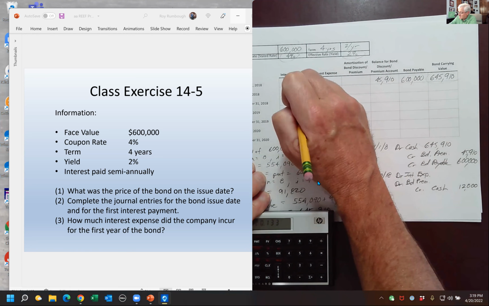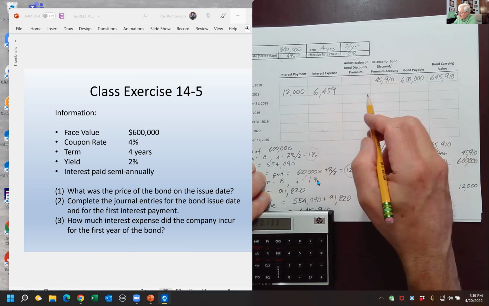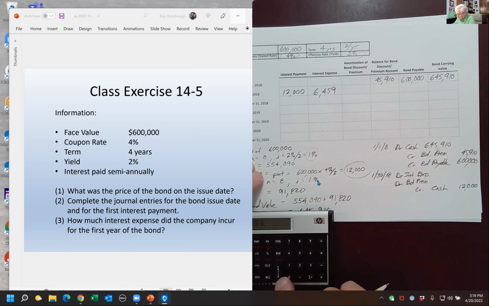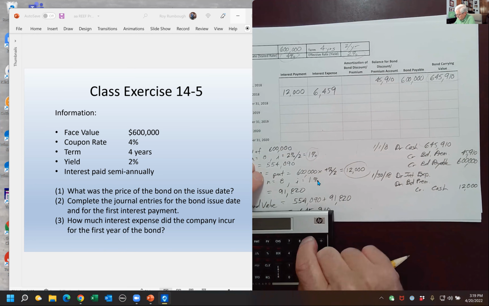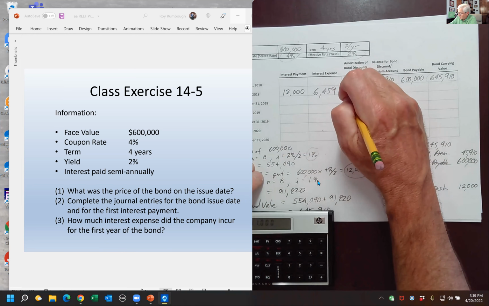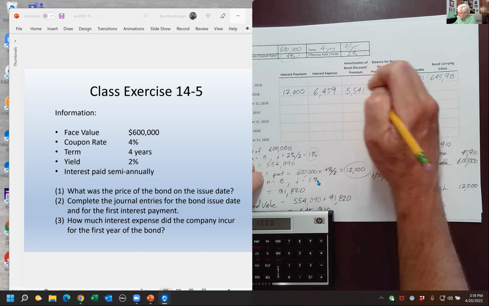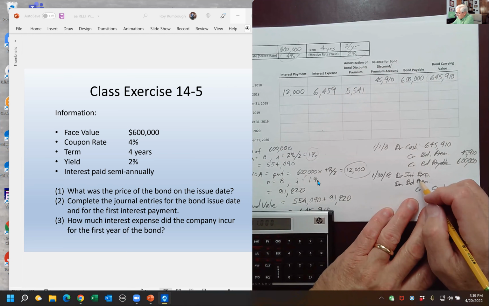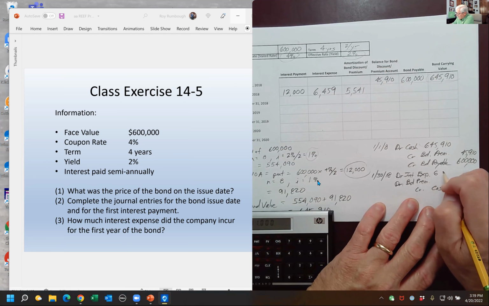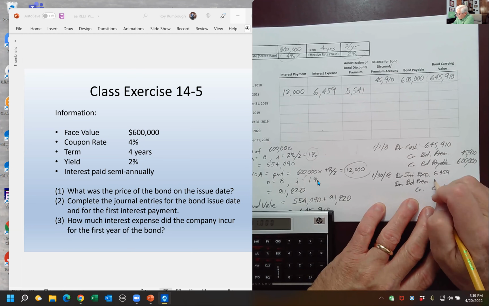Payment 12,000. The difference there is 5,541. So my interest expense is 6,459. My bond premium amortization is 5,541.